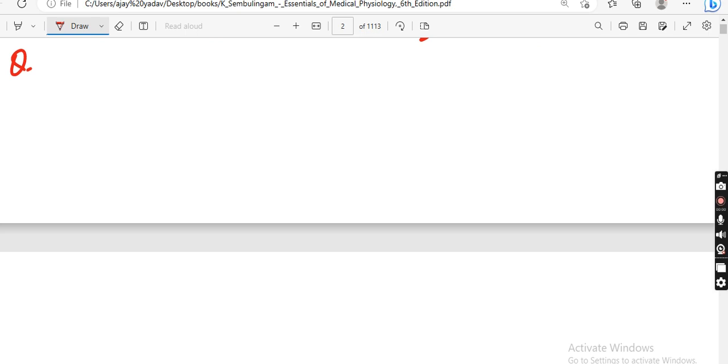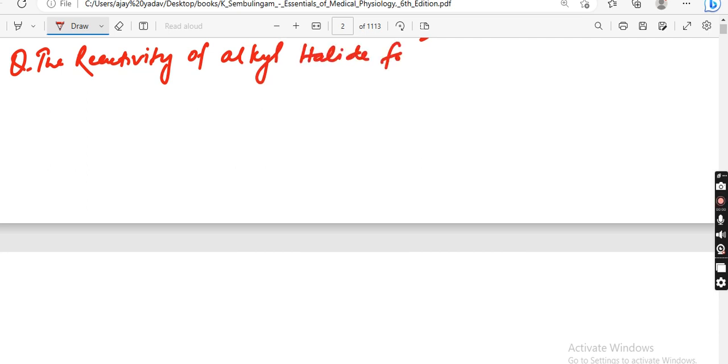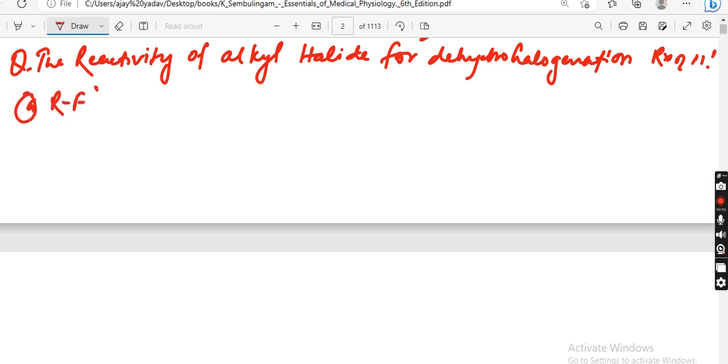The next question is: the reactivity of alkyl halide for dehydrohalogenation reaction is. Option A is RF, RCl, RBr, RI.